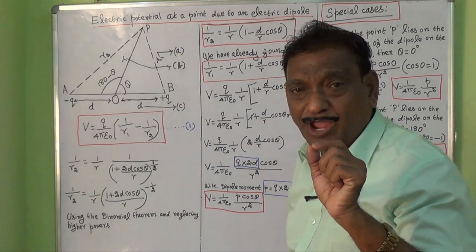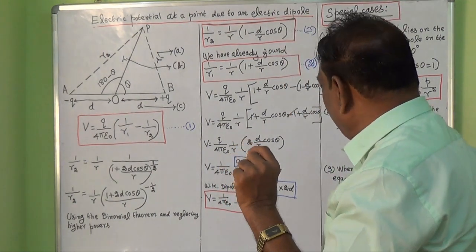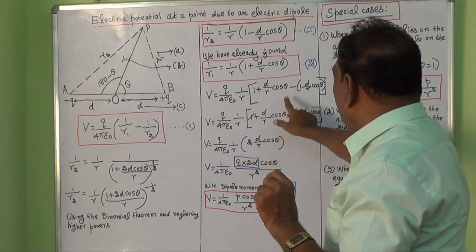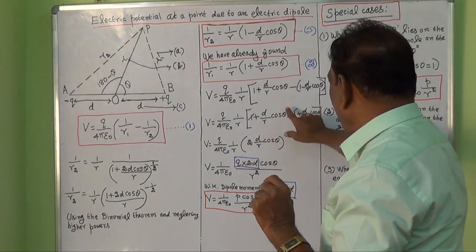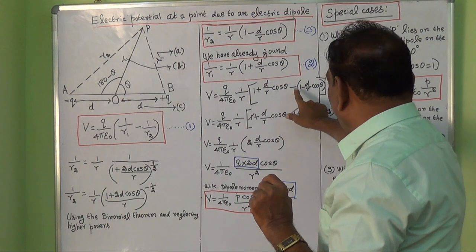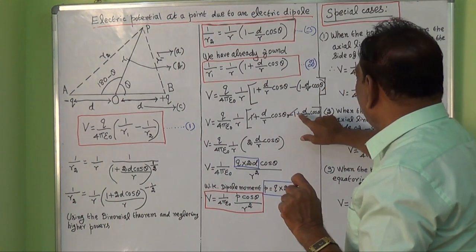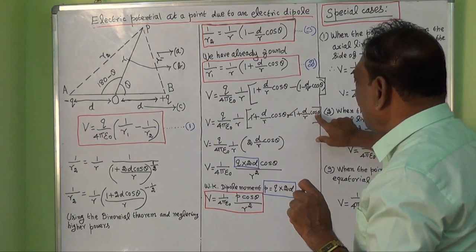If we remove the brackets, we will get 1 plus d by R cos theta, minus into plus minus, therefore minus 1 minus into minus plus, so that plus d by R cos theta.